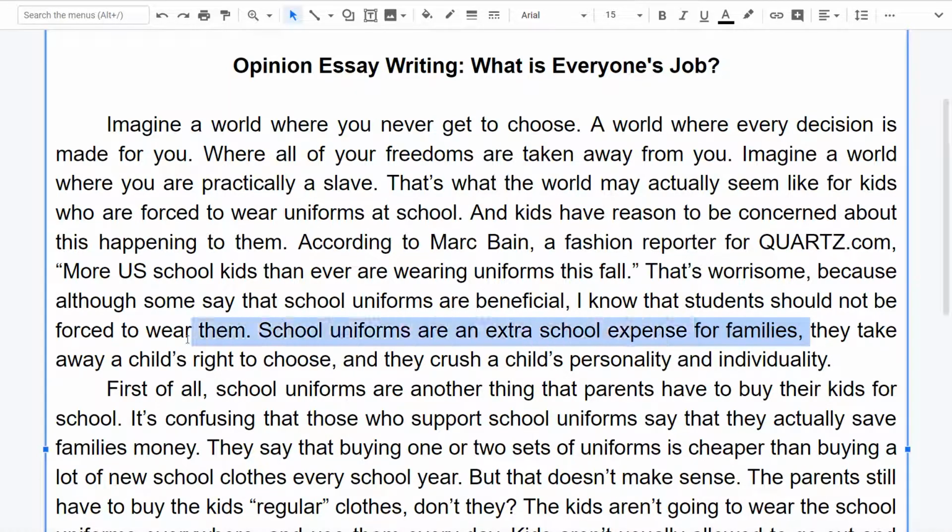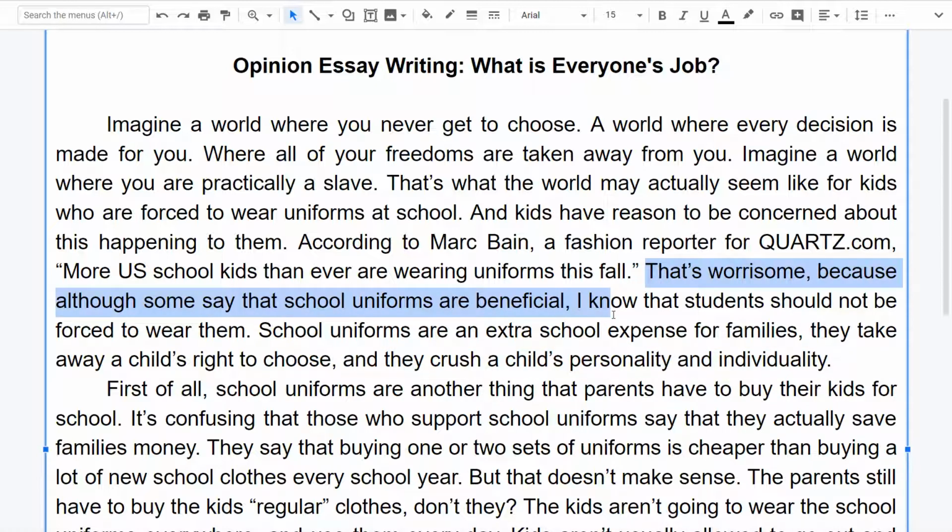The second reason is they take away a child's right to choose. And the third reason they're saying is that they crush a child's personality and their individuality. So the job of the thesis statement is to tell people what you think and quickly tell people why you think that. That's the job of the last part of the introduction paragraph.